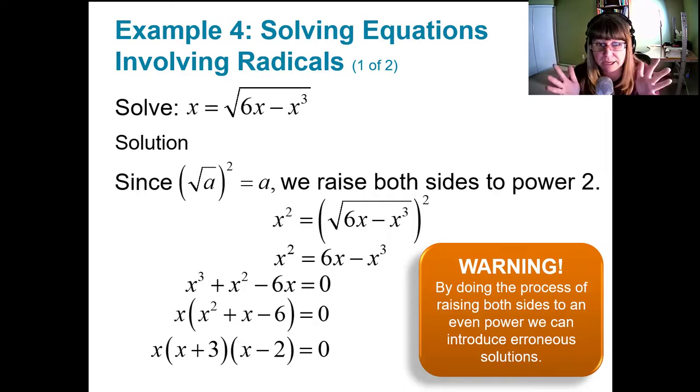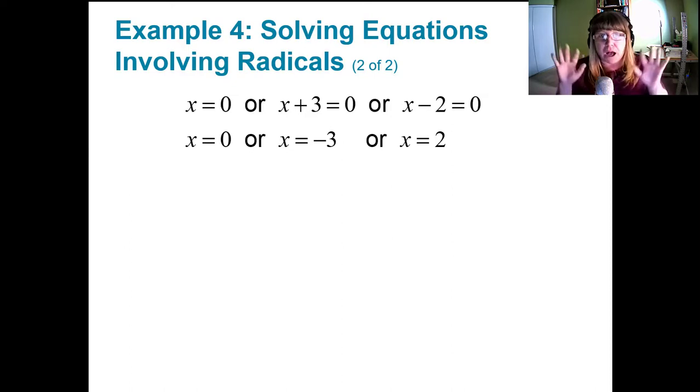So it is a warning. If we were raising this to the cube, we actually wouldn't have to worry about it, surprisingly enough. But if we're raising it to the 2 power, 4 power, 6 power, that even power can introduce erroneous solutions, what I like to call erroneous answers, because they're not our solutions, and we always have to double check.